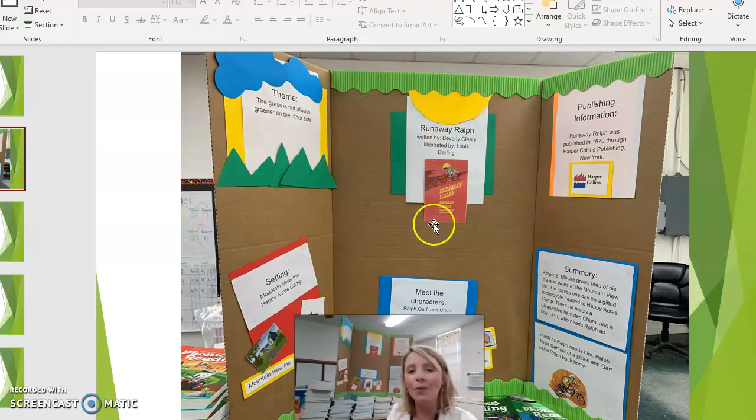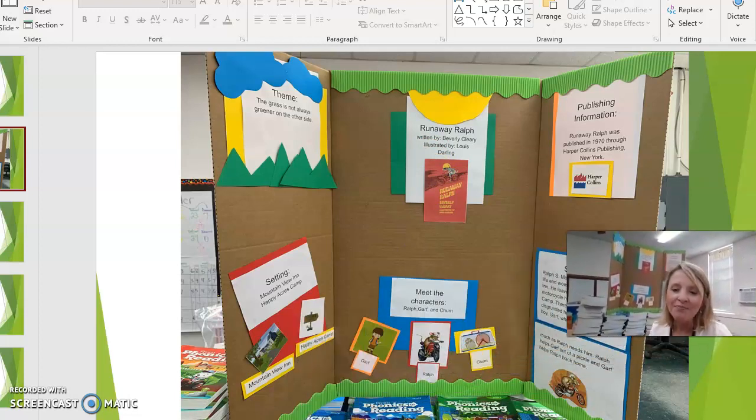All right, so at the bottom, I have meet the characters, and I'm going to move my face so you can see this. There are lots of characters in this story, but the main characters are, of course, Ralph, who is our mouse, and there's Garth, the boy in the story, and then there's Tom, a hamster that Ralph befriends at summer camp.